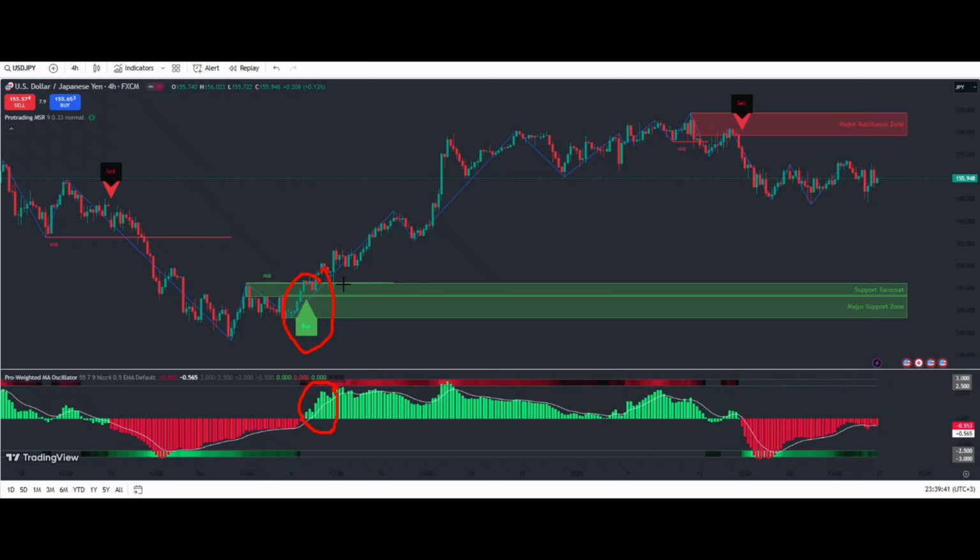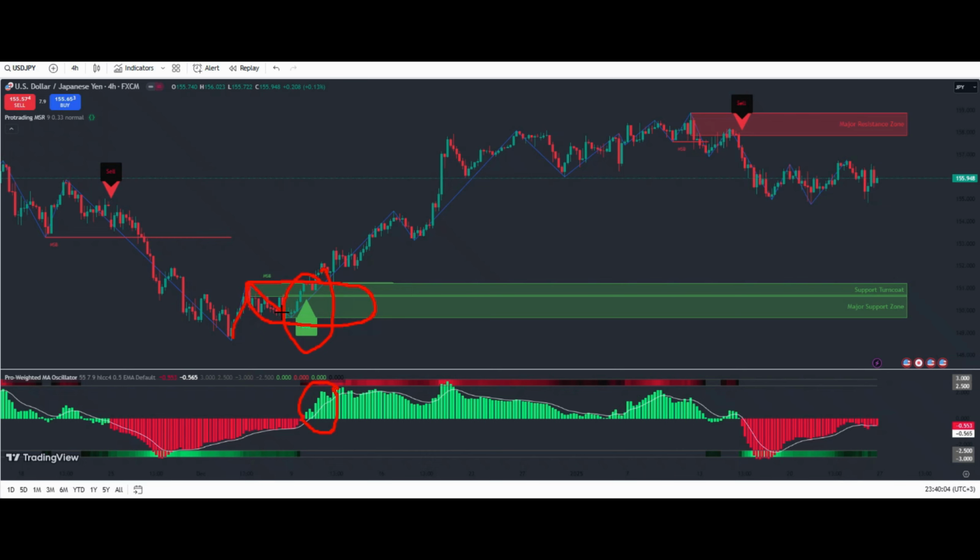And you can see at this point you have here your support. From this level, you see that the pair was moving downward, and it came to this point.